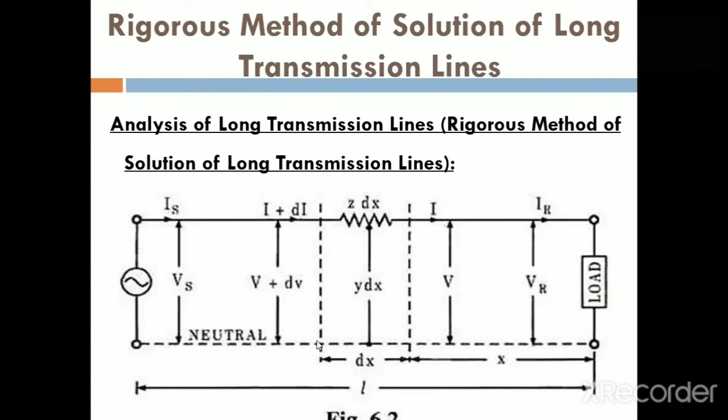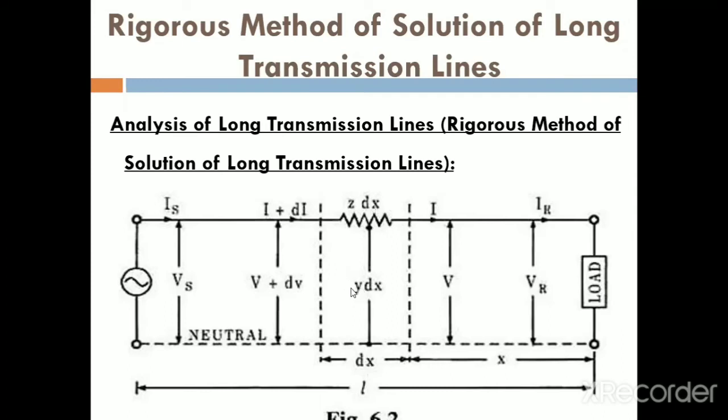This dotted line indicates the small length dx. In that small length dx, the parameters are z and y. What is z? Z is equal to the square root of r square plus xl square, that is r plus jxl. R is the resistance, xl is the inductive reactance. Since it is a small length, we multiply z with dx, that is z into dx.